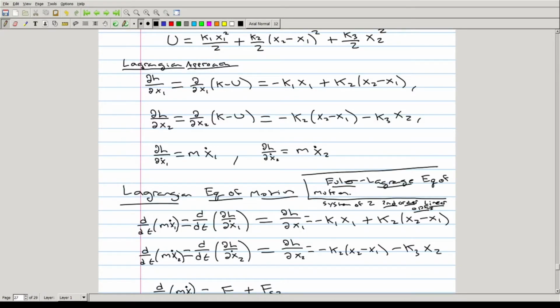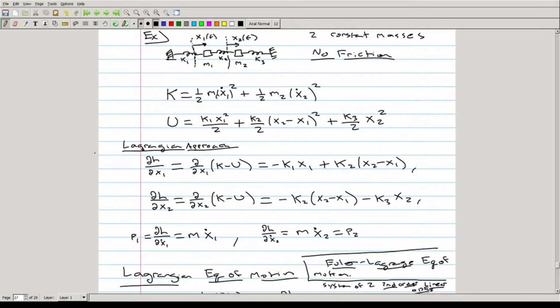Our generalized momenta are this derivative, this is P1, and this generalized momenta is P2. So we can re-express the Lagrangian in terms of P1 and P2 if we want to. This is P1 squared over 2 times M1 plus P2 squared over 2 times M2.